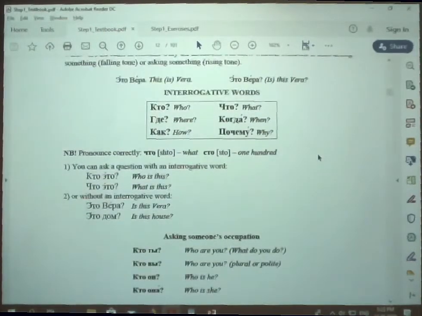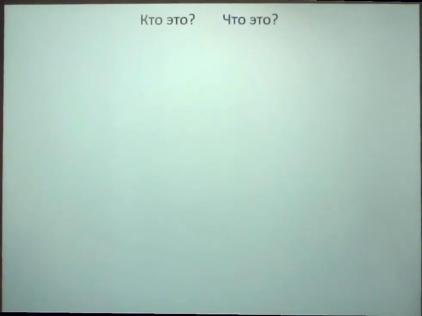When you want to ask a question, for who we say кто, for what we say что. Кто, что. Где, когда. Как, почему. So when you ask who is this, you ask кто это. When you ask what is this, you ask что это.